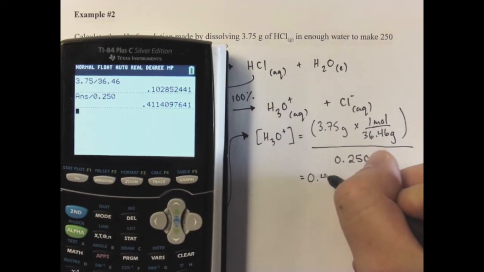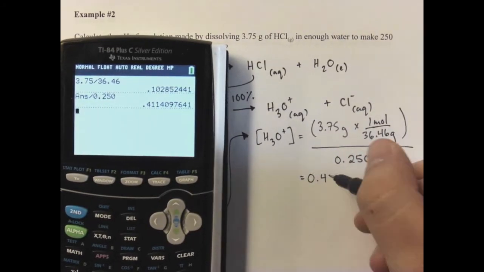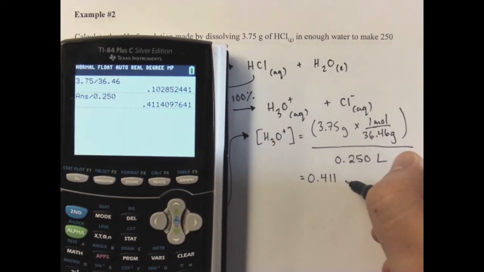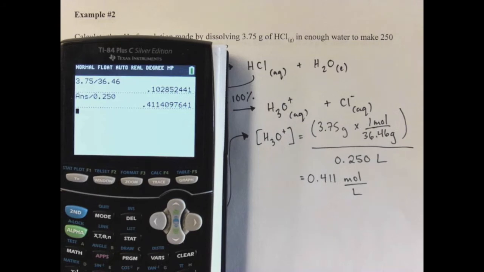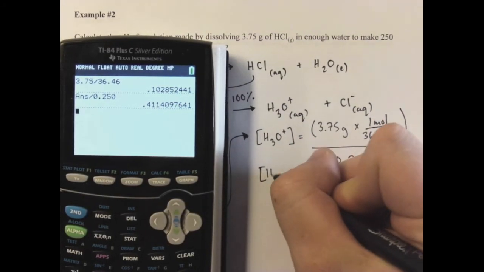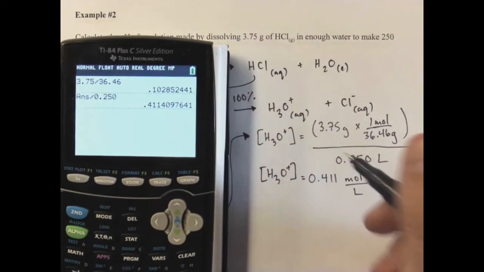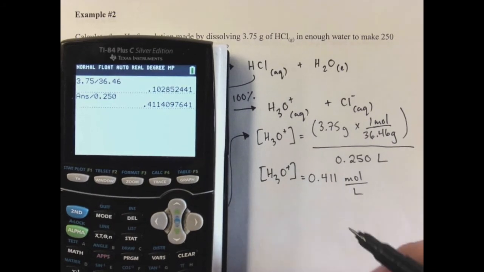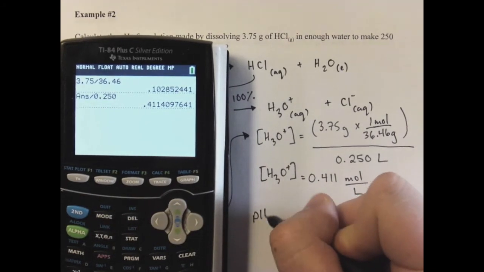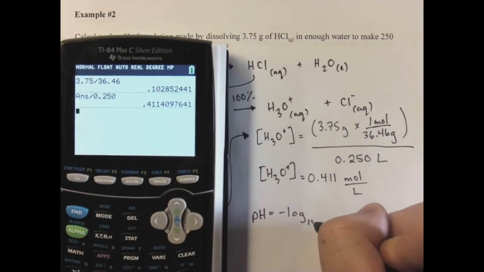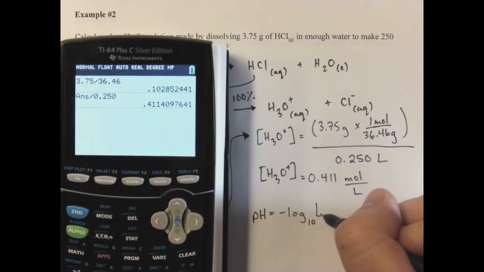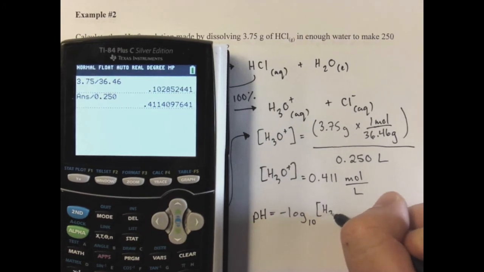I'm going to keep all the numbers in my calculator, but I don't need to worry about sig digs quite yet, not until I get to my final answer. So just for your records, that's kind of roughly what it is. How do I find my pH? To find the pH, I take the negative log base 10 of the hydronium concentration.